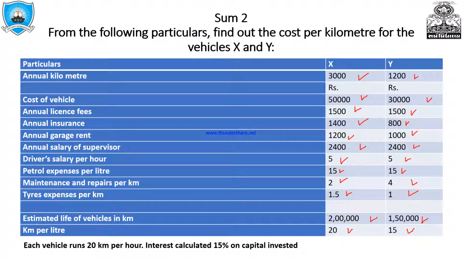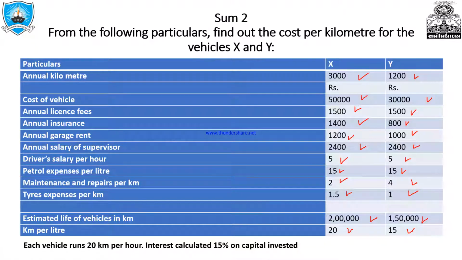Each vehicle runs 20 km per hour. This information is given for the working note of driver salary. Interest is calculated at 15% on the capital investment. In operating costing, capital means the cost of vehicle.